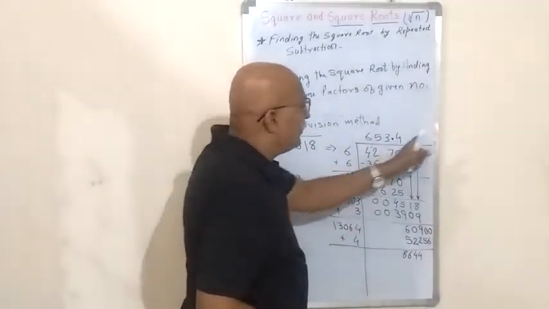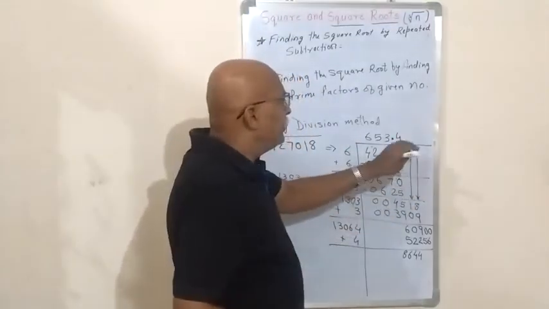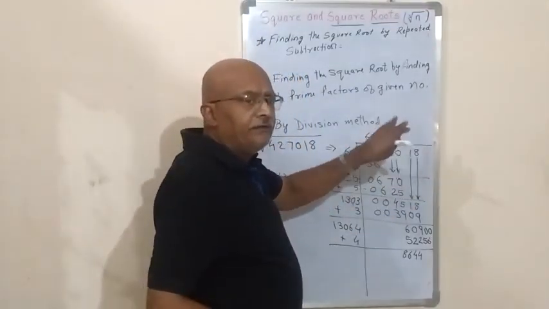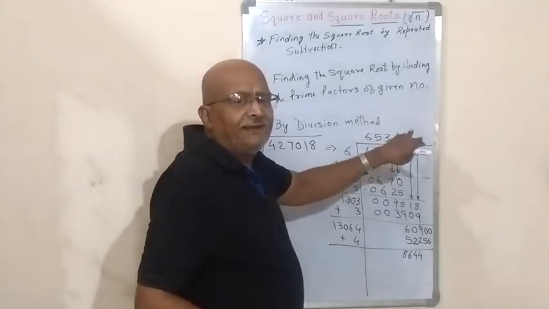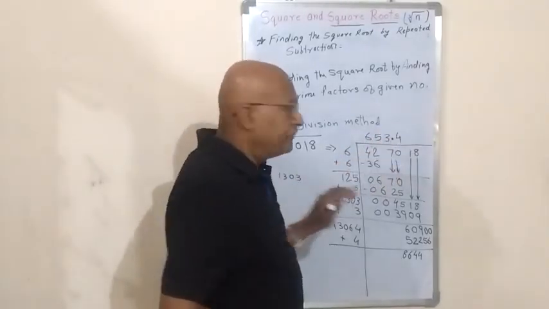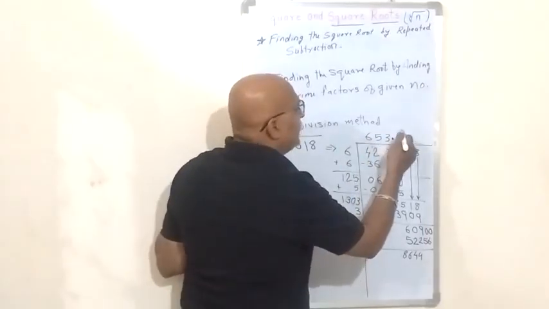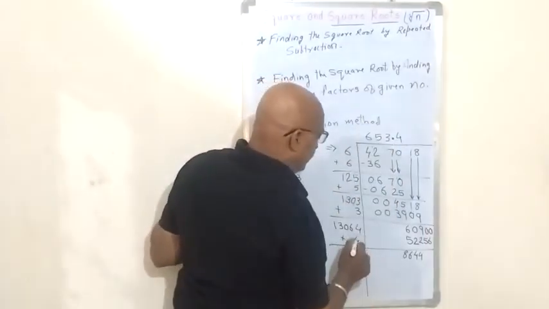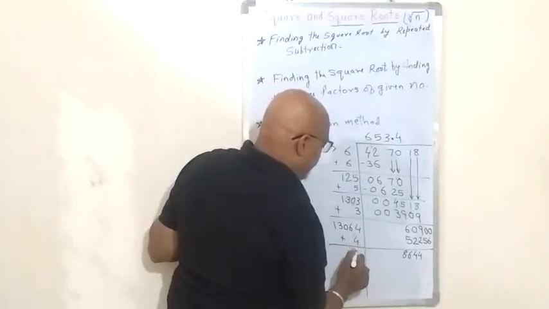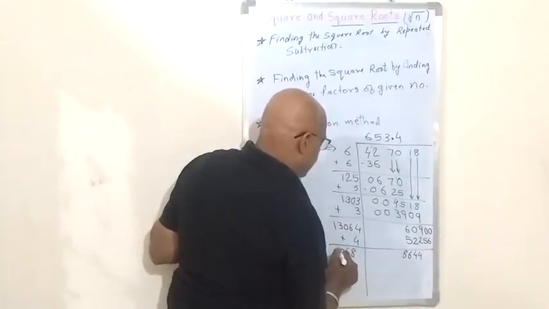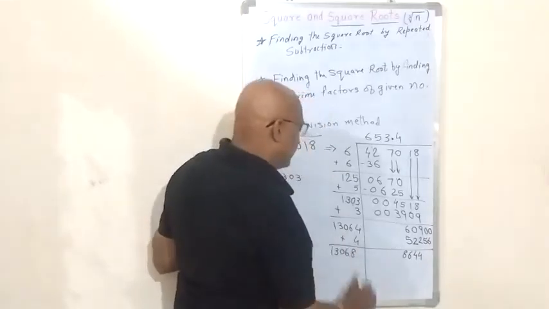Now we can go up to infinity, but we don't need to go for that. Just find up to the second place after the decimal. So we have got 4 after the decimal, and one more we have to get now. So here 4 plus 4 is 8, 6, 0, 3 and 1.